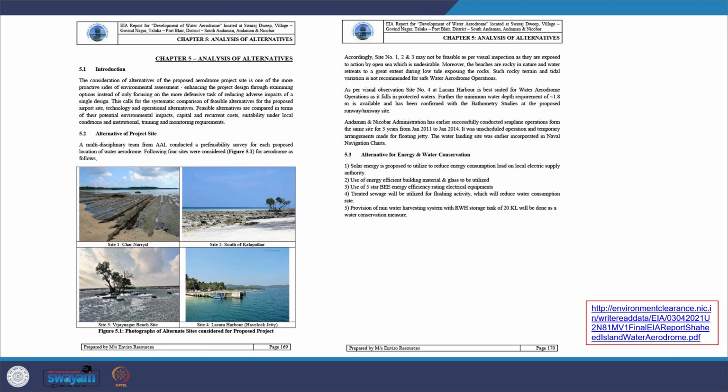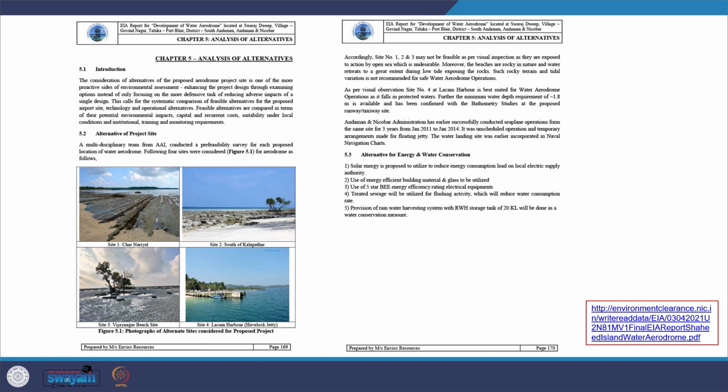Moreover, the beaches are rocky in nature and water retreats to a great extent during low tide, exposing the rocks. Such rocky terrain and tidal variation is not recommended for safe water aerodrome operations. So the alternatives which were taken here were not considered a safer option for the purpose for which the project had to be undertaken. So think about what kind of alternatives are being evaluated here for comparison purpose.